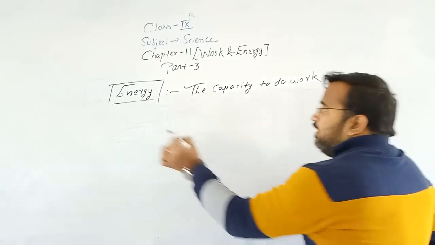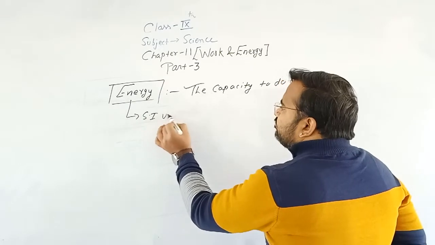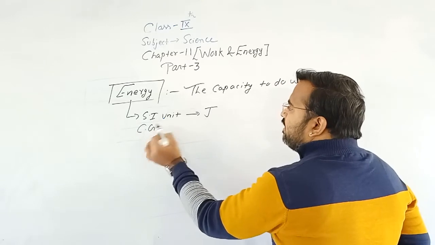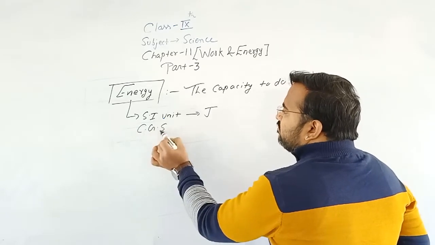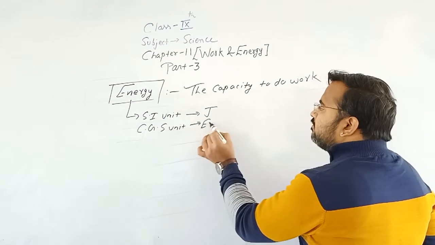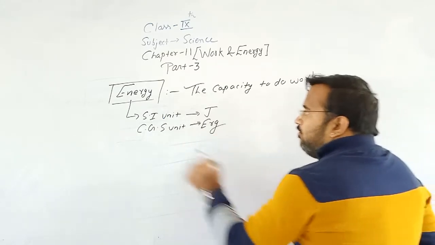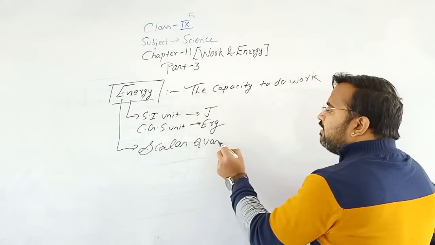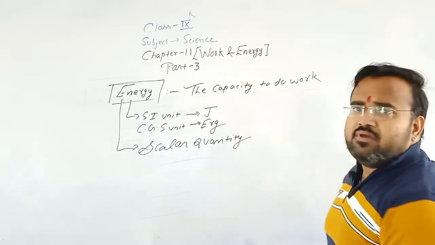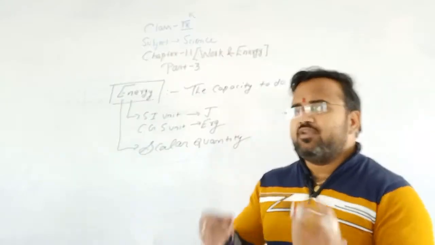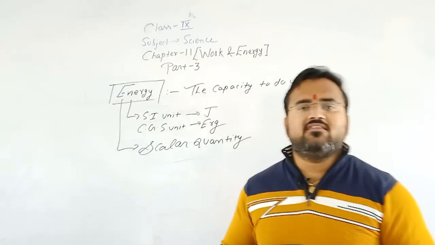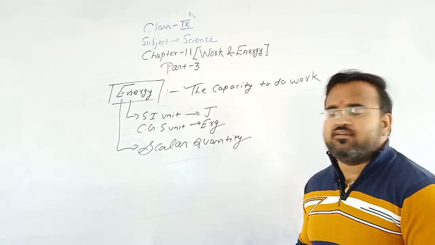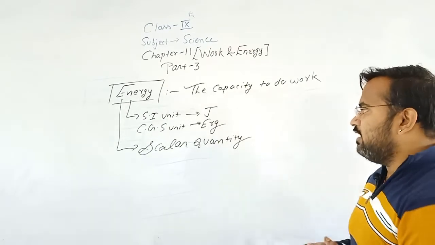The SI unit of energy is joule, and similarly as work, the CGS unit is erg. And energy is a scalar quantity, because we cannot measure energy in terms of direction; energy doesn't have direction, it has only magnitude. So energy is a scalar quantity.